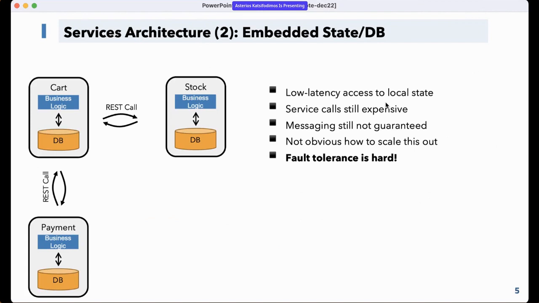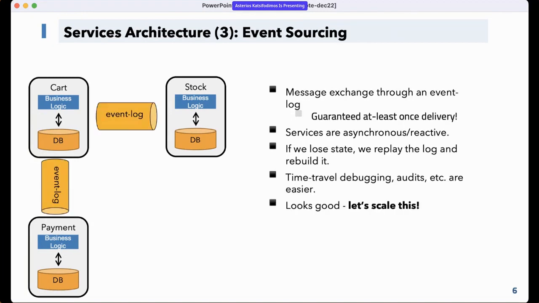Now, let's try to fix the fault tolerance part, and we'll talk about the speed a bit later, and the safety. Fault tolerance. Let's fix fault tolerance. If instead of doing REST calls, you replace the REST calls with what we call an event log, right, or a message broker, depends on what background you come from.